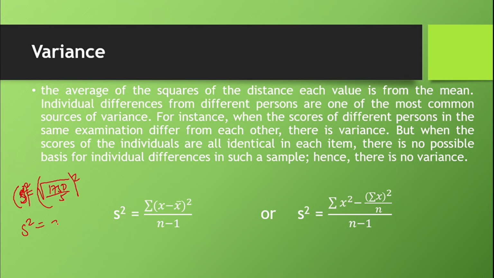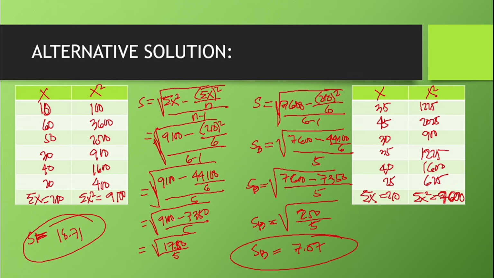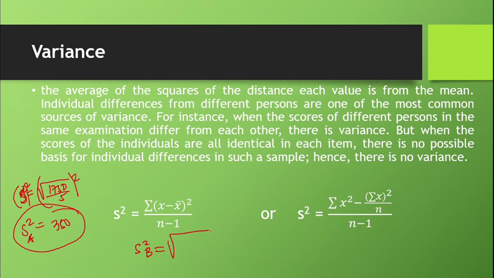And for B, if we compute the variance, the last portion here is the square root of 250 over 5. If we square this, it becomes 250 divided by 5, which is equal to 50. So therefore the variance for B is 50.